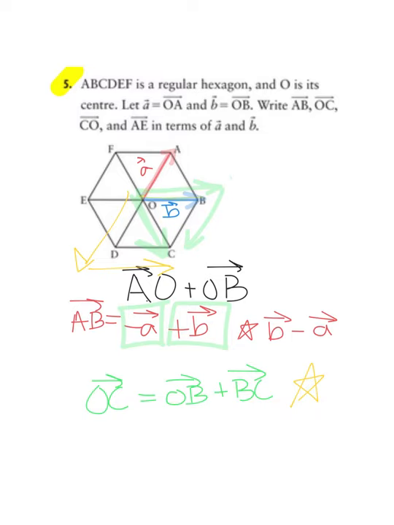I know that vector OB is just vector B. And then BC is this down and to the left vector. It is the exact opposite of my vector A because vector A goes from O to A, so up and to the right. So this is actually going to be a minus A. So this is the answer for OC.